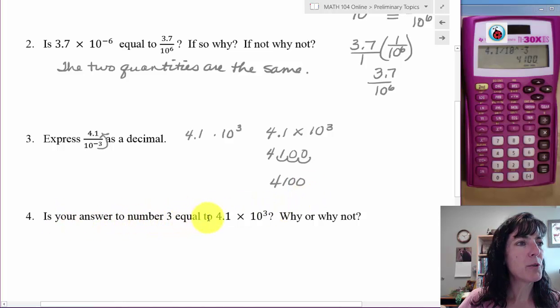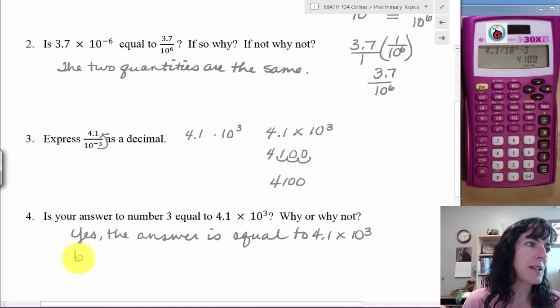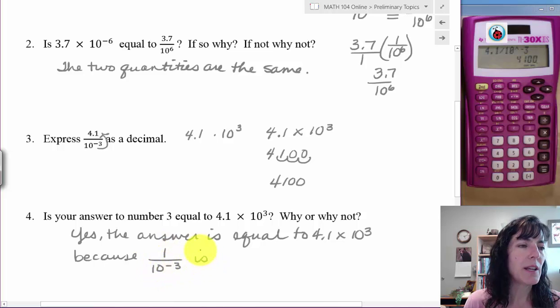Is your answer to number 3 equal to 4.1 times 10 to the 3rd? Well, yes, it is. And the reason is because 1 over 10 to the negative 3 is 10 to the positive 3. They are equivalent.